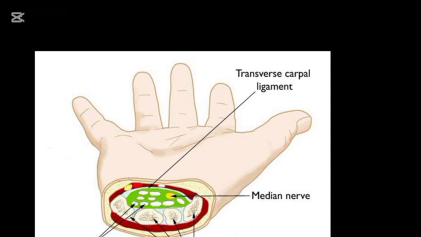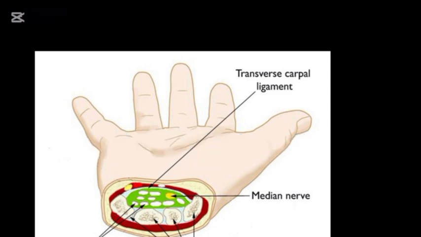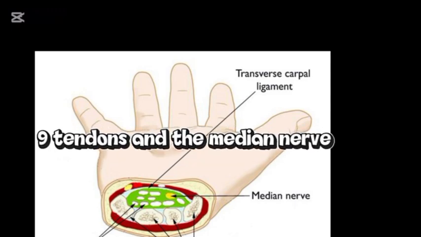So, talking about the flexor retinaculum, which forms the roof of the carpal tunnel. It is a thick connective tissue and it spans between the hamate and the pisiform medially and the scaphoid and trapezium laterally. The carpal tunnel contains a total of 9 tendons and the median nerve.